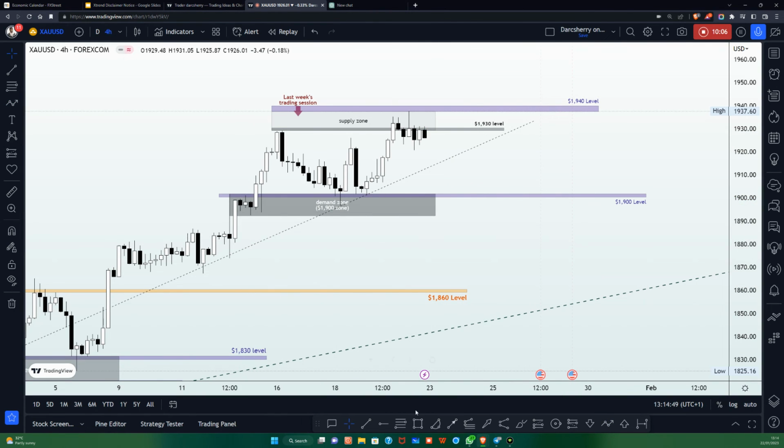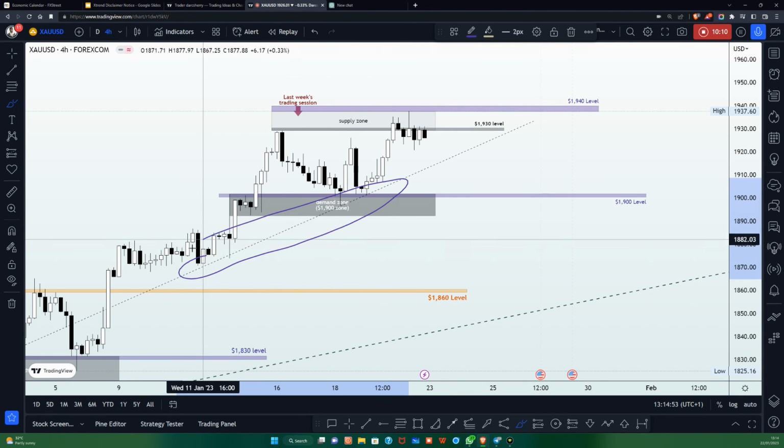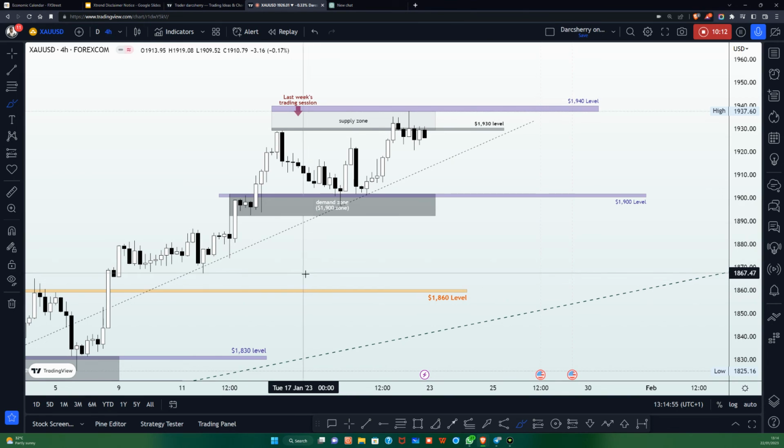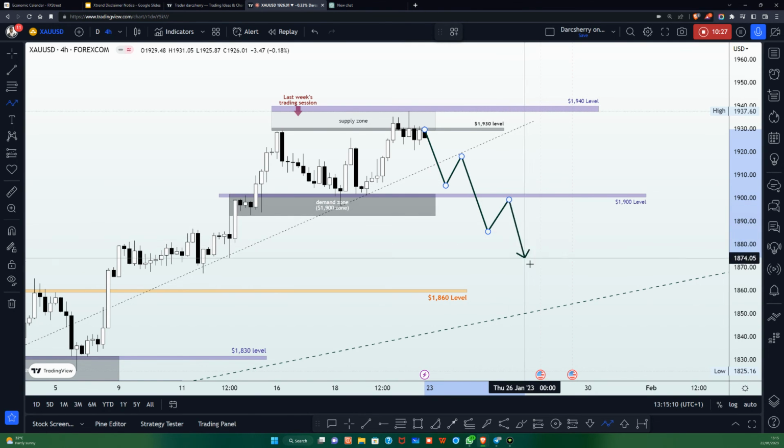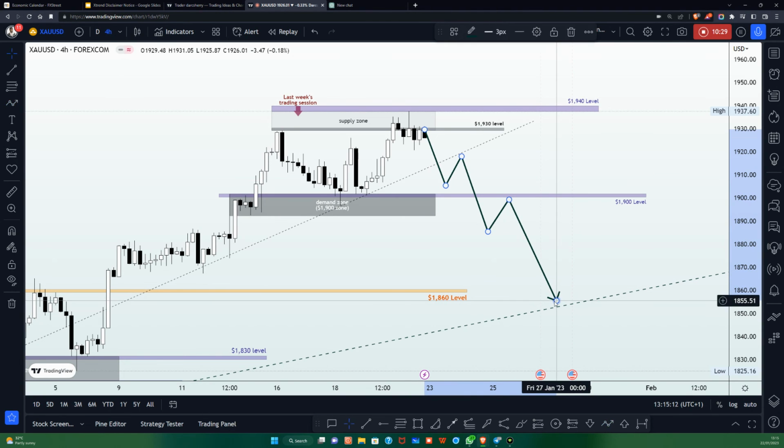However, if we look at the bullish trend line that has been holding bullish momentum in the last 2 to 3 weeks here, I would like to use this to take advantage of a seller opportunity if price action breaks down the bullish trend line here with selling pressure below the structure, then I will be joining that decline to the downside. And if a further breakdown of the $1,900 level happens, we will definitely be thinking of adding more position to our existing trade.